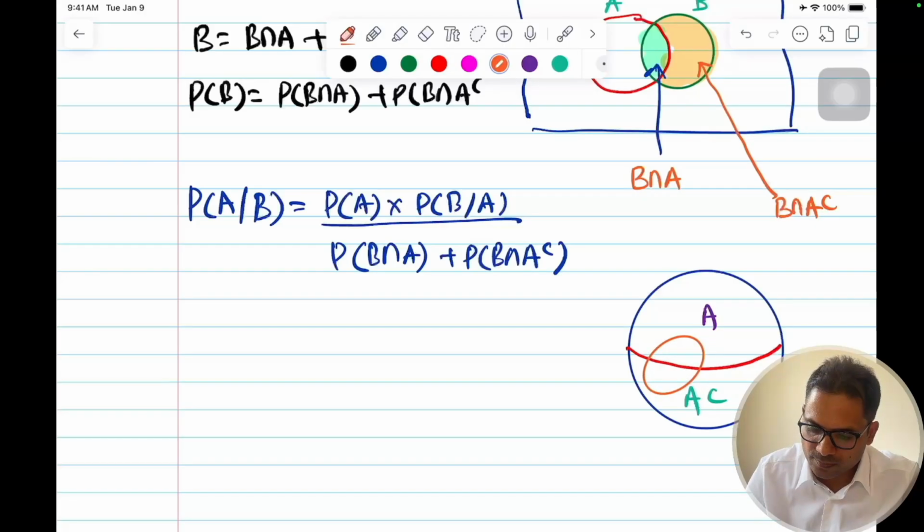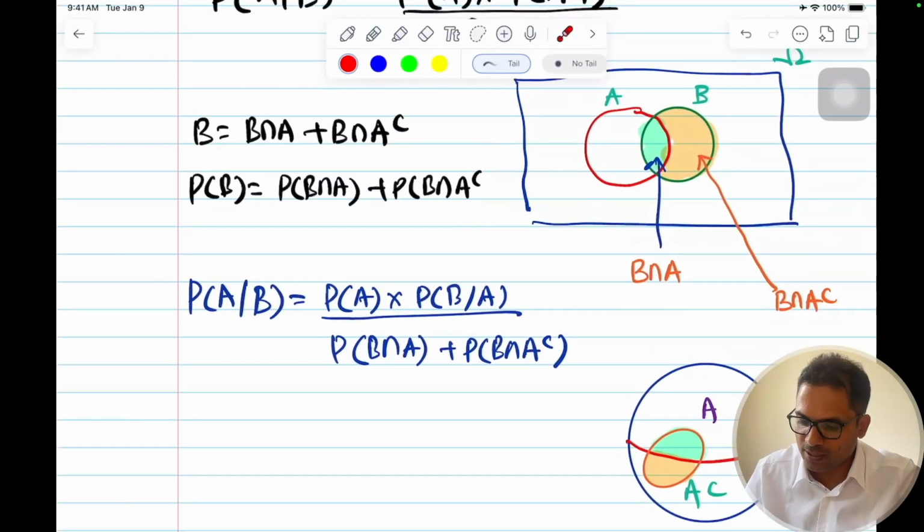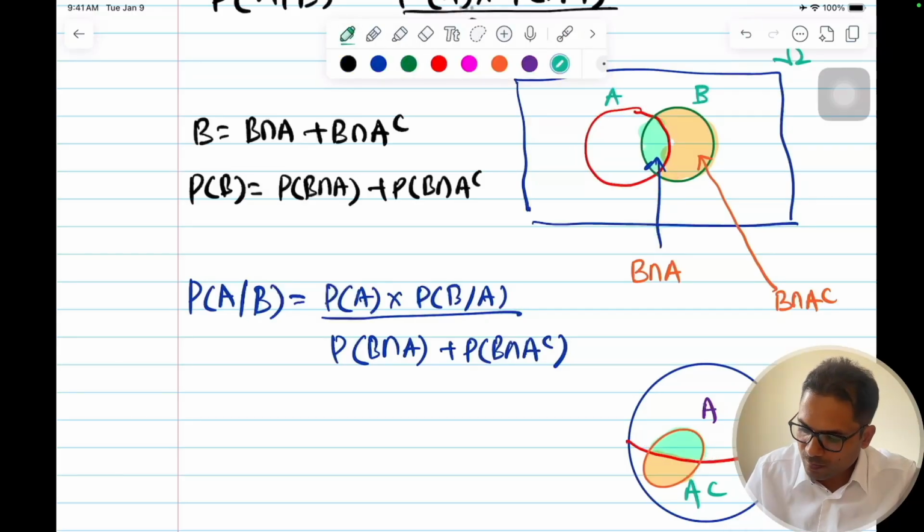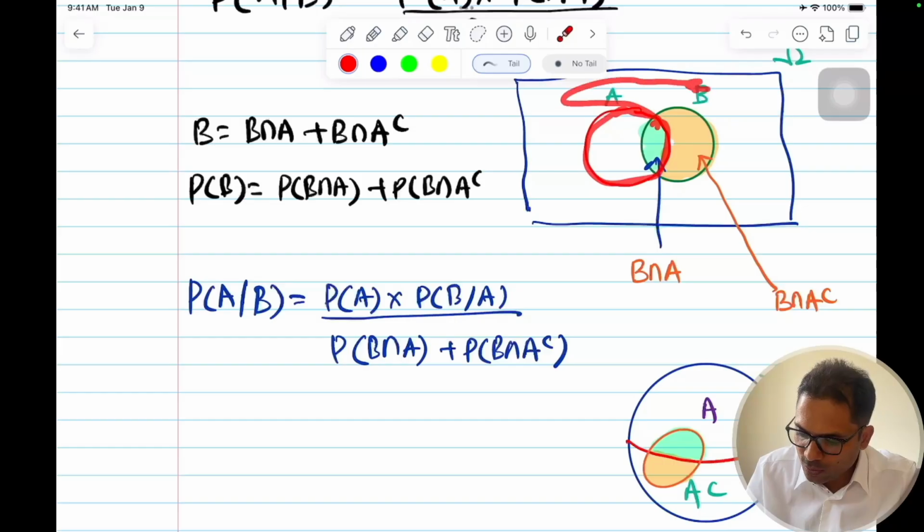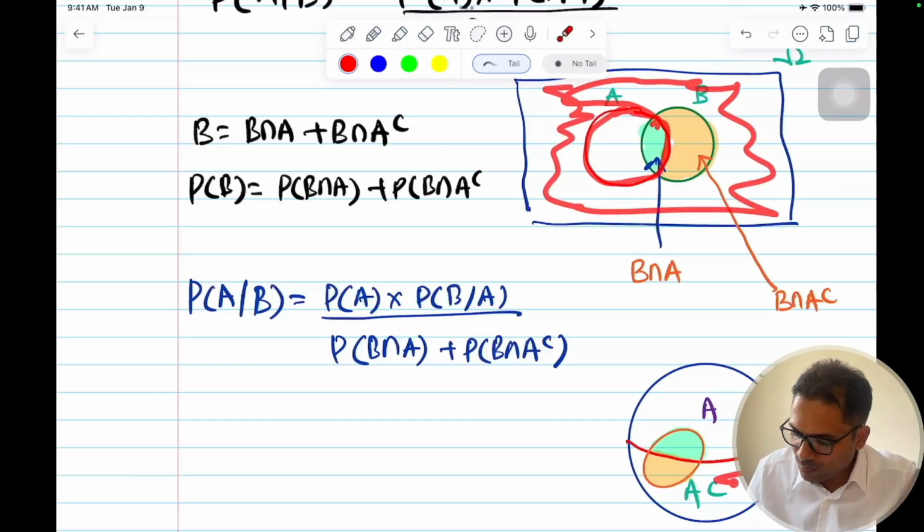Okay, so this upper part is B intersection A and the lower part is B intersection A complement. So it's just a redraw of the same thing. So this is our A, this is the whole sample space omega. I'm just drawing it in circular way. And the remaining part that is outside A, this is A complement.